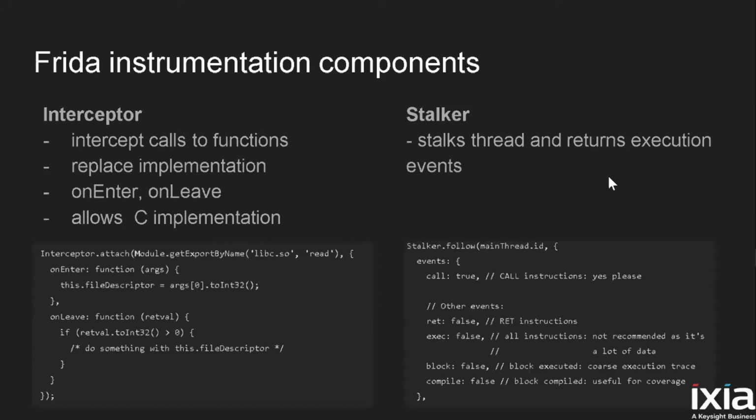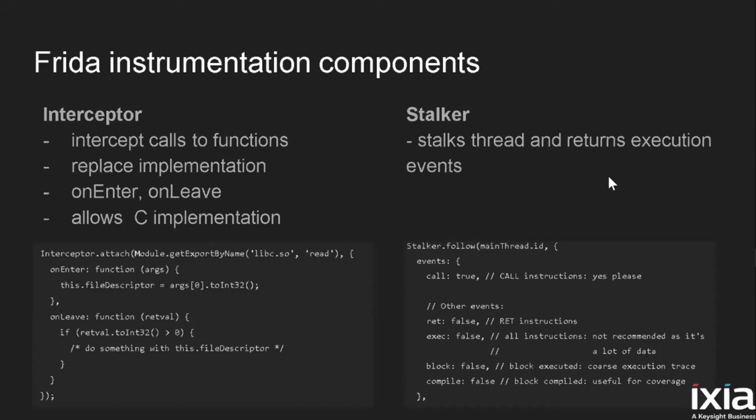If a function is very hot, meaning it executes many times during process runtime, you can even provide a C implementation to make everything much faster, rather than a JavaScript implementation.